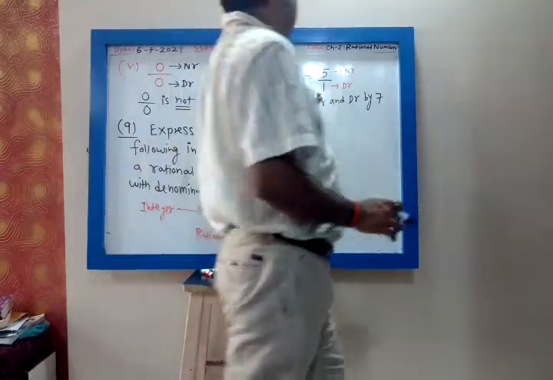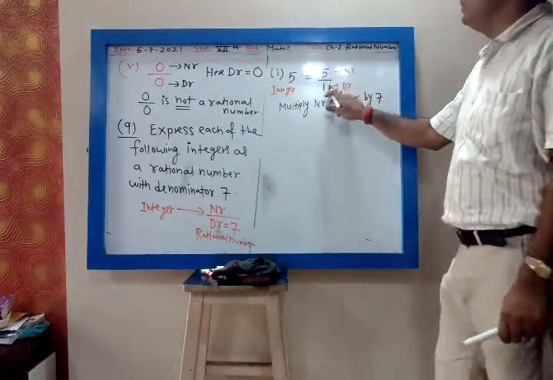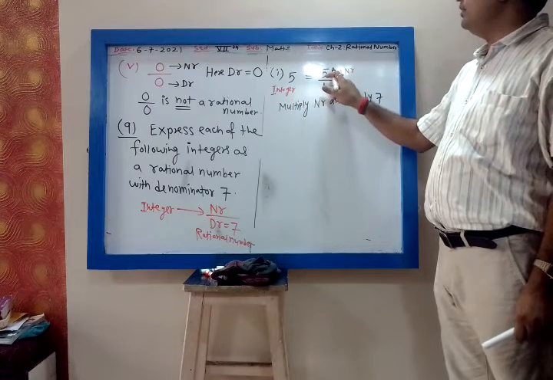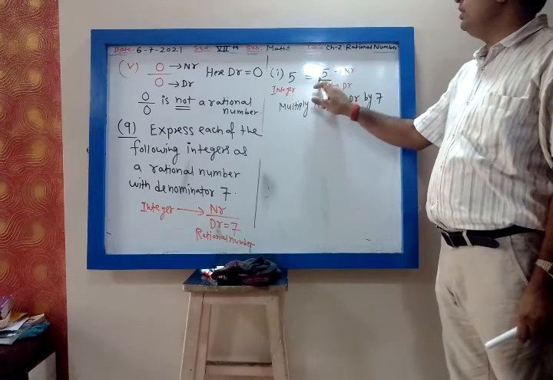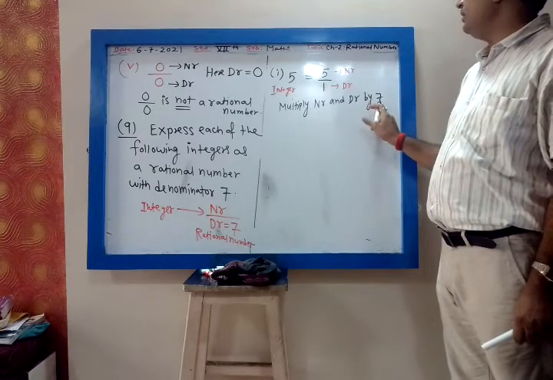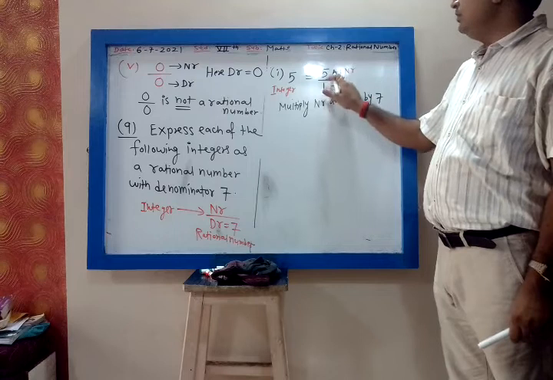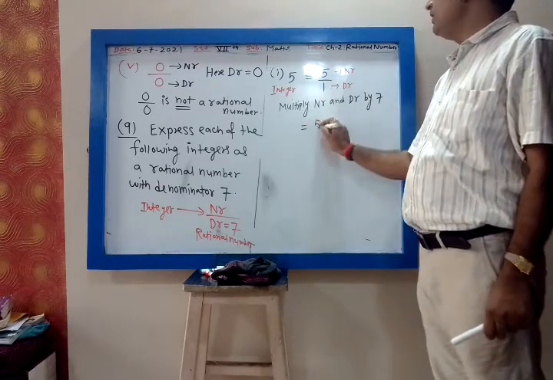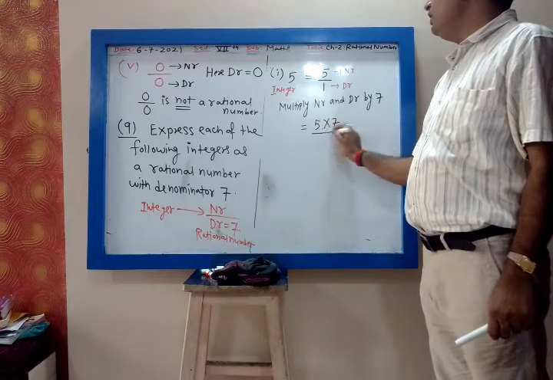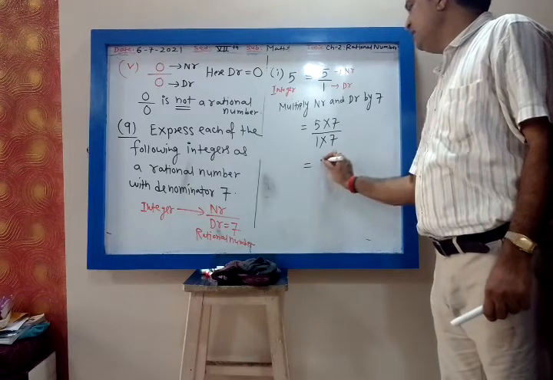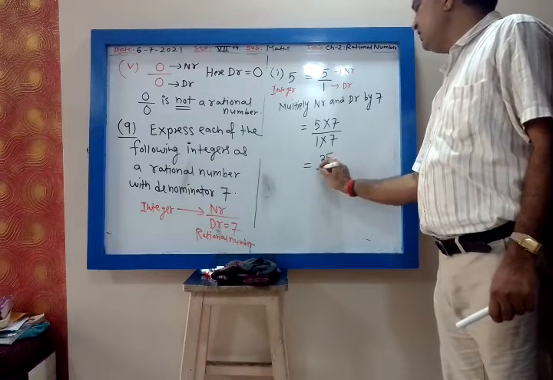So I have written integer 5 as a rational number, 5 upon 1. But we want the denominator of that rational number to be 7. So I multiply both numerator and denominator by 7. This becomes 5 into 7 upon 1 into 7. 5 sevens are 35, 1 seven is 7.